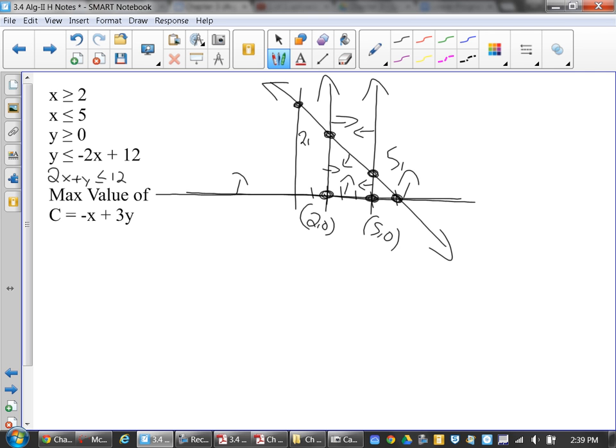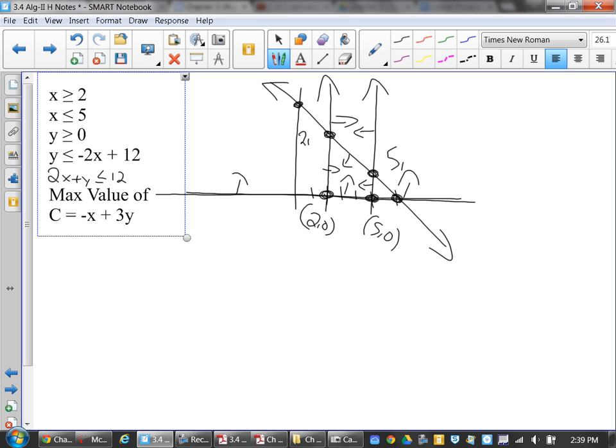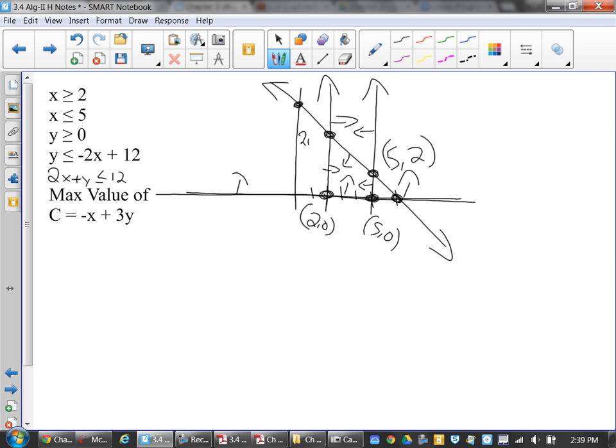So if my x value is 5, what's 2 times 5? 10 plus what is 12? Where's your y coordinate? -10. What's negative 10 plus 12? 2. If I use either one of these, I'm going to get the same answer, aren't I?